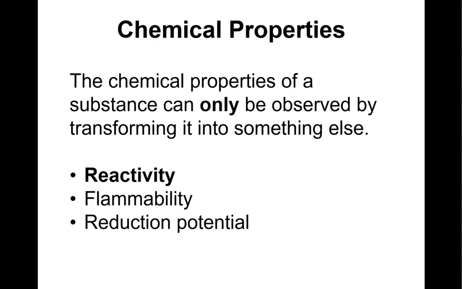But in order for those properties to be manifested, the stuff has to be destroyed or turned into something else. Radioactive half-life is something you may have thought about or heard, which is like certain elements have unstable nuclei, and so they will decompose into other elements. That's a chemical property, because the only way you can observe radioactivity is to observe a thing being turned into something else.